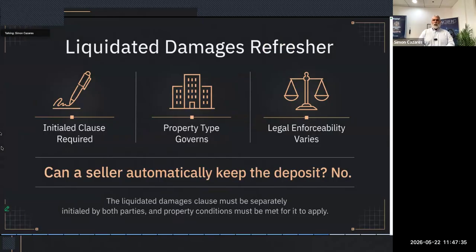The answer is no. The liquidated damages clause must be separately initialed by both parties, and the proper conditions must be met for it to apply. That goes on the purchase agreement. If it's not signed and it's missing as part of your due diligence and negotiations, you want to have that as part of the condition. Hey, the buyer failed to sign the mediation or the arbitration, because it's a lot cheaper to go that route than to hire attorneys.